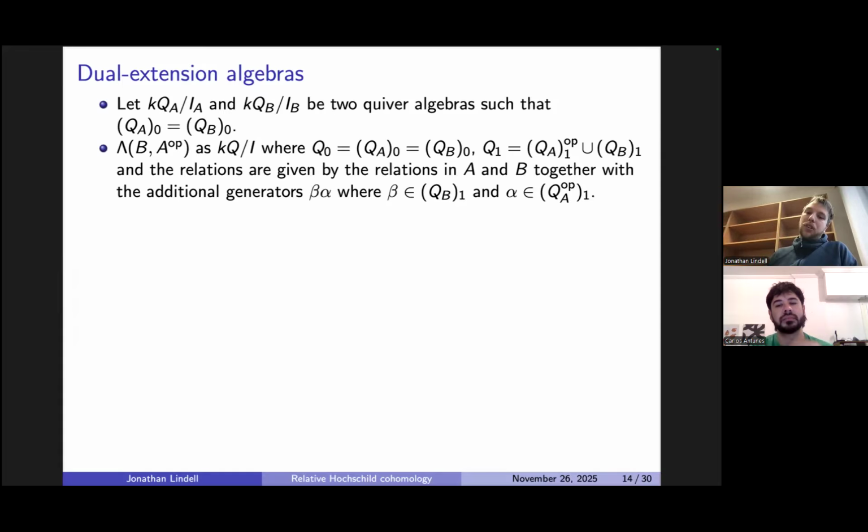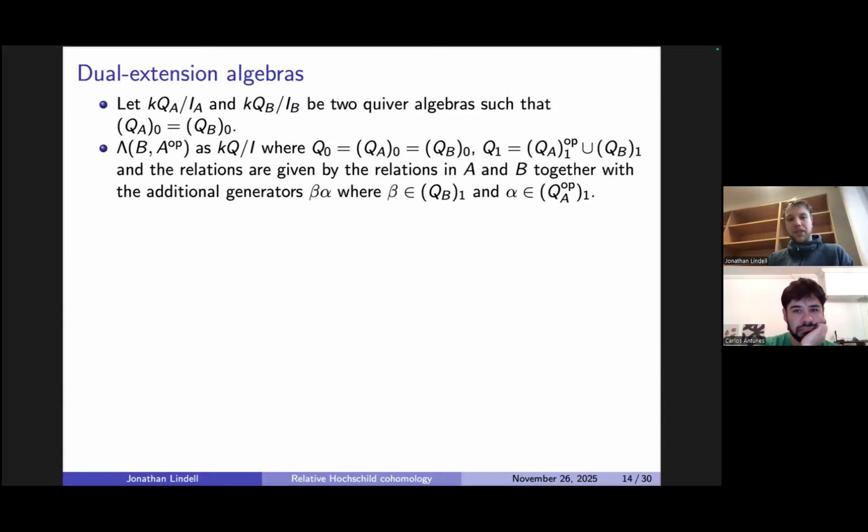And the arrows are given by the union of the arrows of the two algebras, except that we flip one of them, in this case the A part. And then we take the relations to be the relations that we have in the A part and the B part, plus the additional generators where we say that going from the A part up to the B part, so to speak, arrows should be 0.